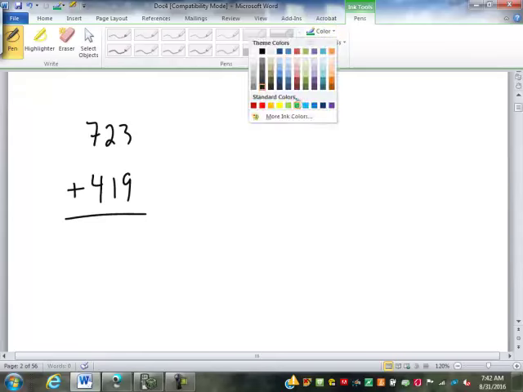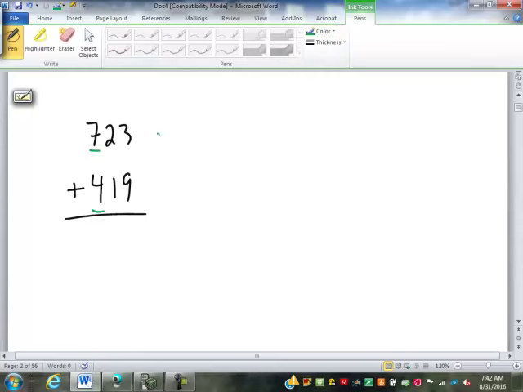So these both, their first digit is hundreds. So when I round it, this will be 700, this will be 400. All I have to do is add or subtract those first digits. Here it's adding, so 7 plus 4 is 11. Then keep it hundreds, put the same number of zeros on the end.